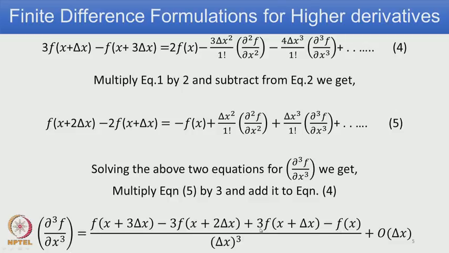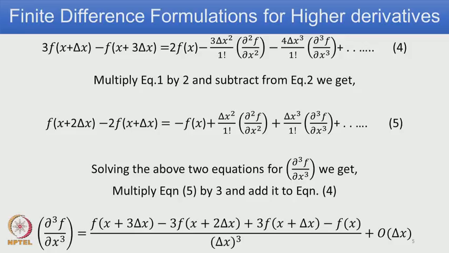You can recognize that it requires 3 additional points in the forward direction with respect to the function value itself. So, f of x is the point of interest, at i, and you need function values at x plus delta x, x plus 2 delta x and x plus 3 delta x.